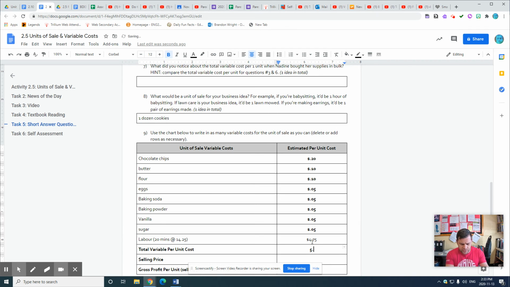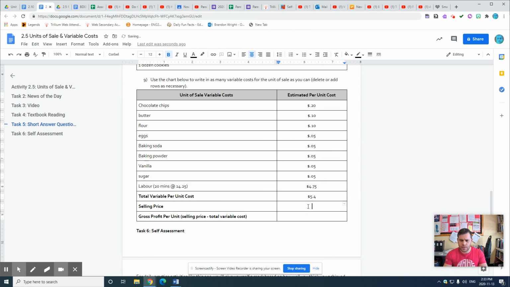So with my materials and labor, it'll cost me $5.40 to make 1 dozen cookies. Now let's think of how much I could sell them for. If I sold them for $10, I can then find out my gross profit per unit. Selling price minus total variable costs gets me $4.60.